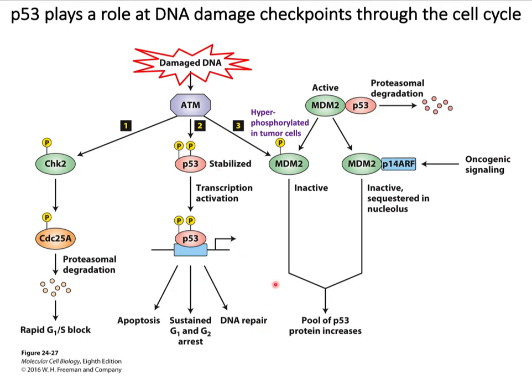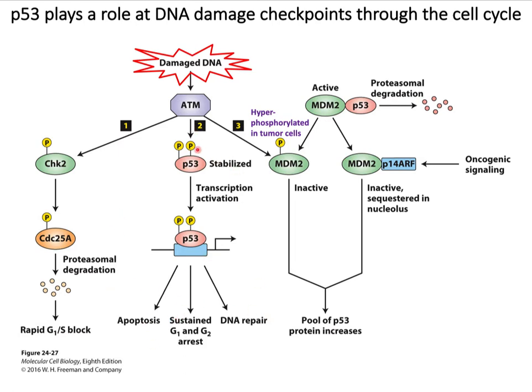But it can also enhance the transcription of genes whose products are involved in DNA repair. If the damage is really bad, it can enhance the expression of genes that will induce apoptosis or cell death, and the cell will just die. It can also sustain cell cycle arrest until the damage can be corrected, or if it cannot be corrected, then the cell will die.